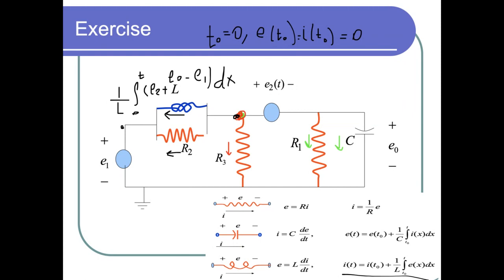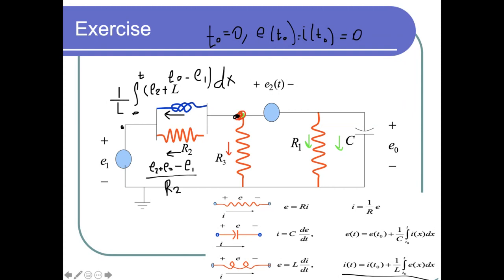What is the current through R2? Again, it is E2 plus E0, because I take the voltage from here up to the ground. So it's E2 plus E0 minus E1, the voltage here on the left, over R2. Now, what is the current through R3?